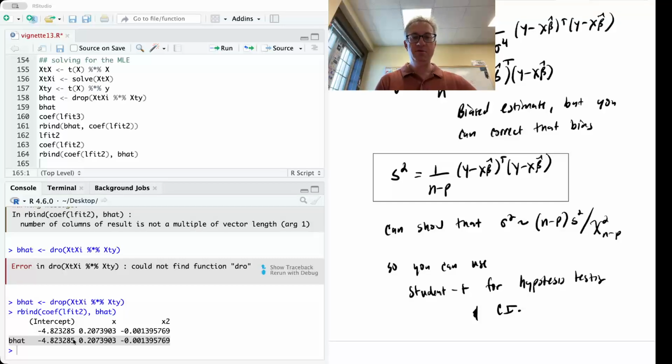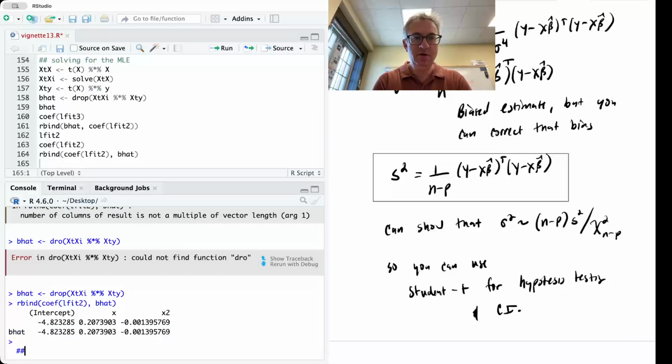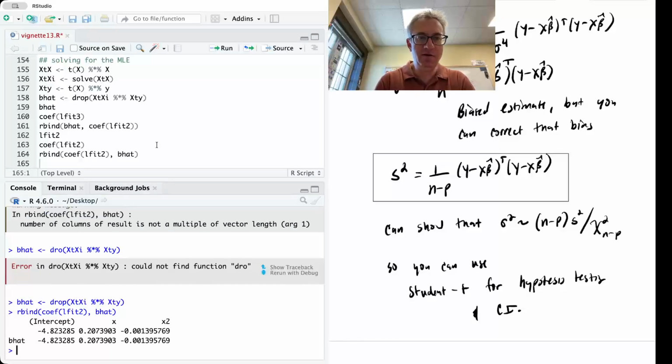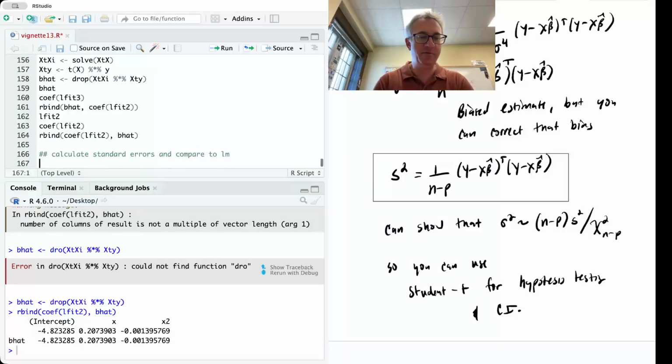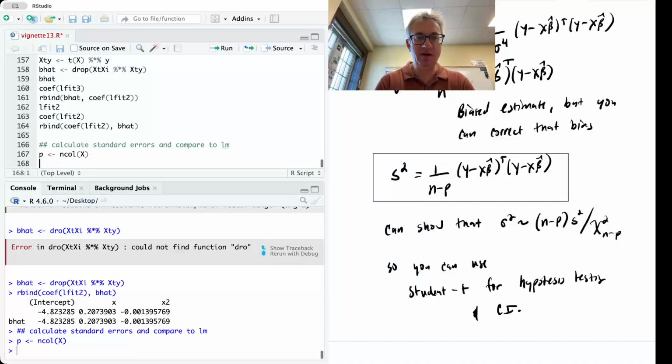So the way that I'm going to wrap this up here for this example is that I'm going to calculate standard errors and compare to what we get from the summary command on the LM object. So p is the number of columns of X. Remember, X has 2 columns for the 2 inputs and 1 column for the intercept.